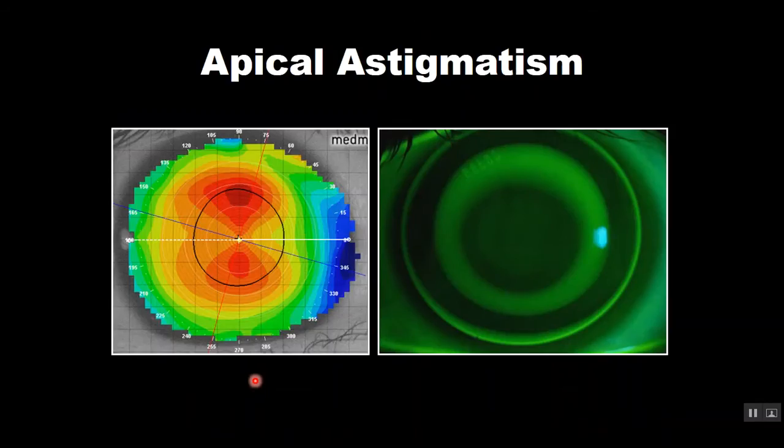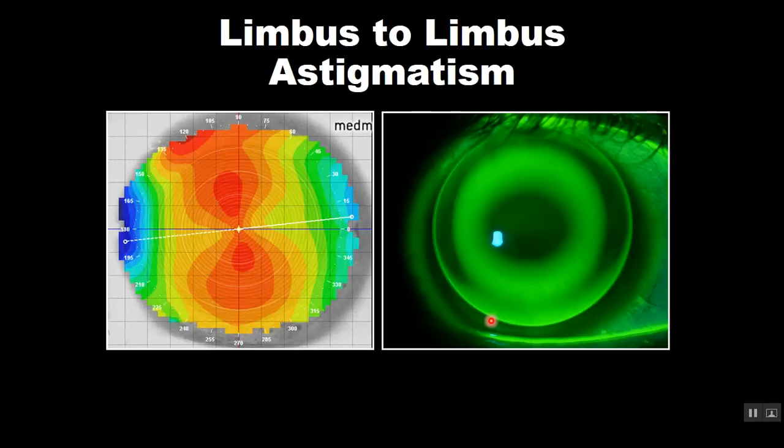Now, one of the reasons why the apical astigmatism is so easy, as we discussed earlier, we're relatively symmetric in the periphery, and that gives you an ability to land almost 360 degrees around. When you have your limbus to limbus astigmatism, the eye, as we've shown, is much deeper, running through that steeper meridian. That means we're going to have greater lift, more tilt of the contact lens, and that hydraulic force isn't trapped in there to produce the effect that we need across that steeper meridian of the eye.